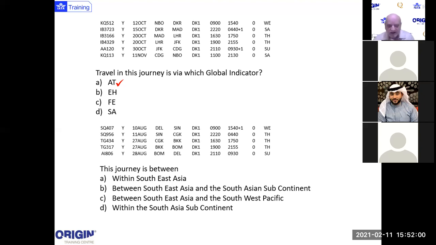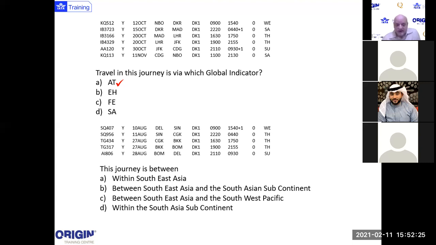It's Indonesia, the airport in Jakarta. Like I said, I would have been totally shocked if anyone got that one, because we've never mentioned it in class before. But we have now. CGK is the airport code for Jakarta, capital of Indonesia.